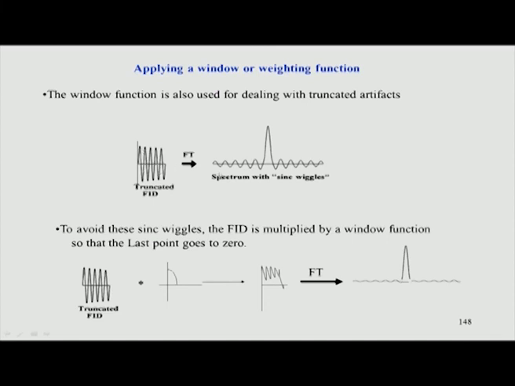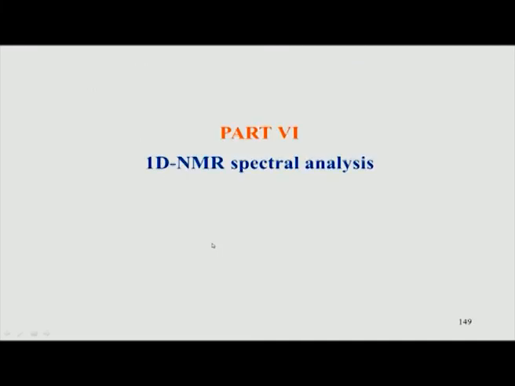There is a decrease in the signal to noise if you do not record, and when you truncate the FID, this is called truncation, you will get a bad spectrum because of what are called wiggles, and to improve that we apply this window function and do Fourier transform.